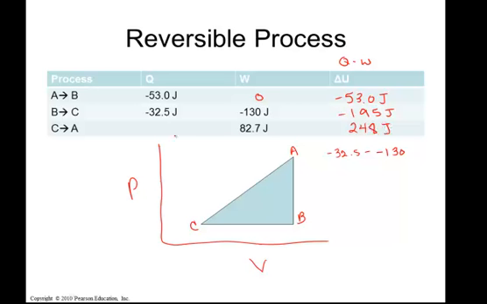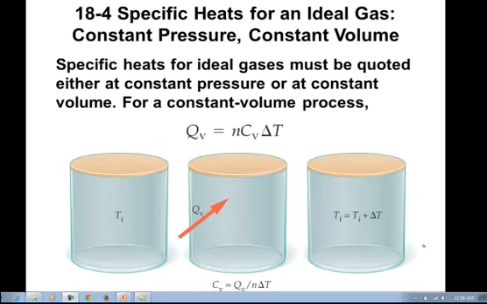And now I have to find Q. So in this case, I take Q minus W, and that's equal to my energy. So in order to find Q, I basically add this to the other side. And when I do that, I'm going to get 331 joules. So that's looking at those different processes.